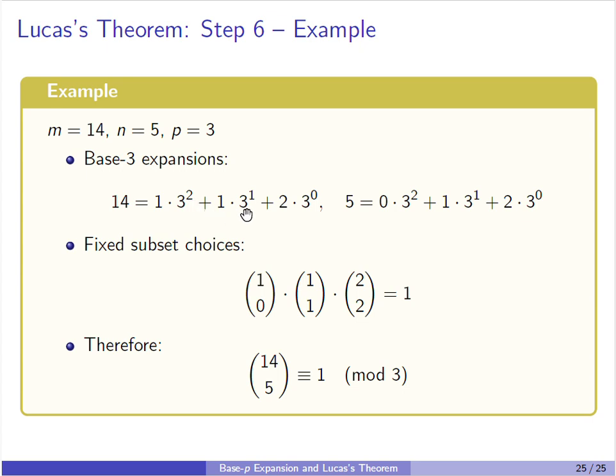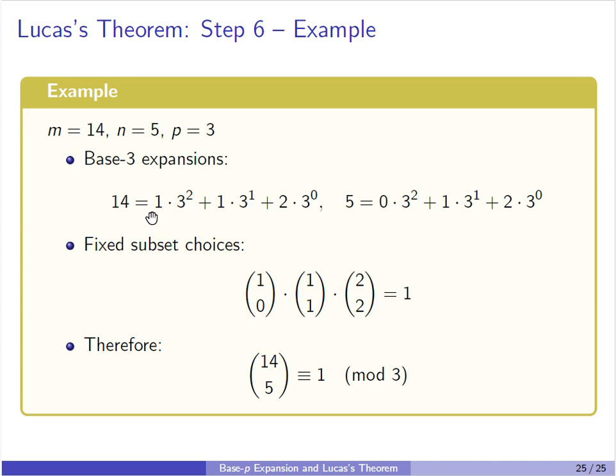Well, the highest power of 3 less than 5 is just 1, so you're going to have 1 three, and now you have 2 left, so this is just 2 times 1, which is 2. If you go to 5, the highest power of 3 less than 5 is just 3 to the power 1, so that's why you have 1 here, and then what you have is 2 left, so that's just 2 times 3 to the power 0. As I mentioned before, because I want both of them to end at the highest power, 3 to the power 2, you have to complete this one by adding 0 times 3 to the power 2.